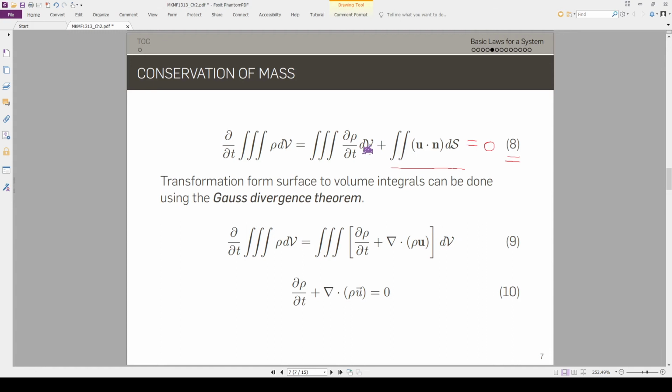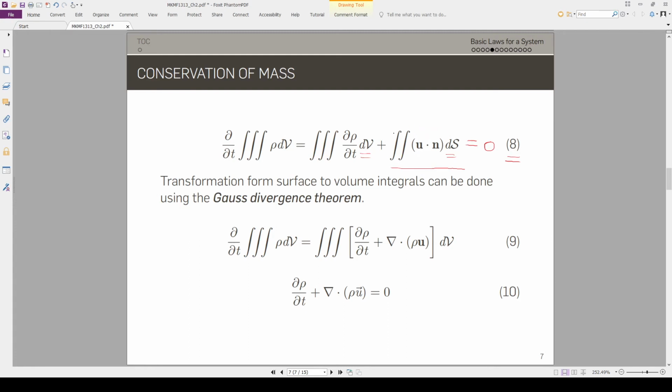The first is a volume integral, and the second is a surface integral. Now it's like we have orange and apple, so we cannot add them straight away.